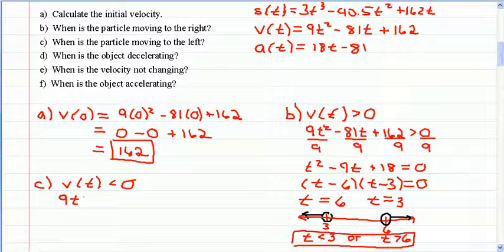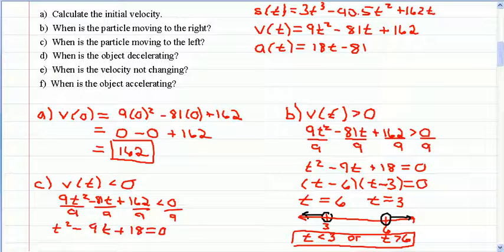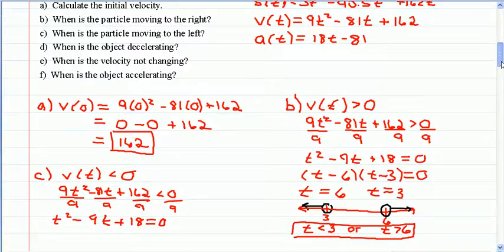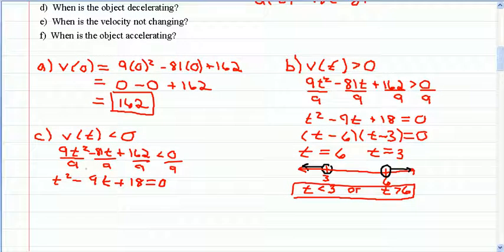So when I take the velocity function and set it less than 0, it's the same as part B. T squared minus 9t plus 18 equals 0. T is equal to 6 and t is equal to 3.